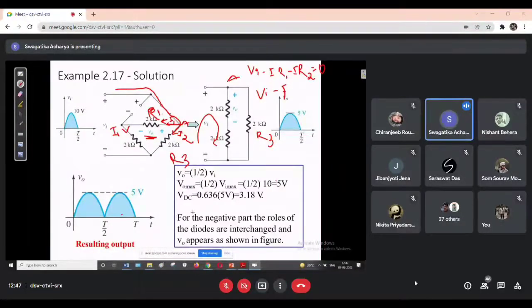So from there you can find out that V0 will be half of VI. Now V naught you have derived. Now VDC also you can find out.